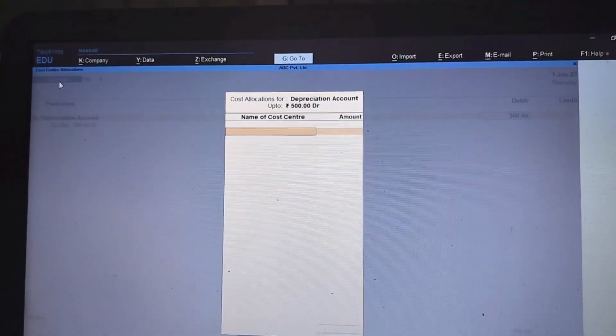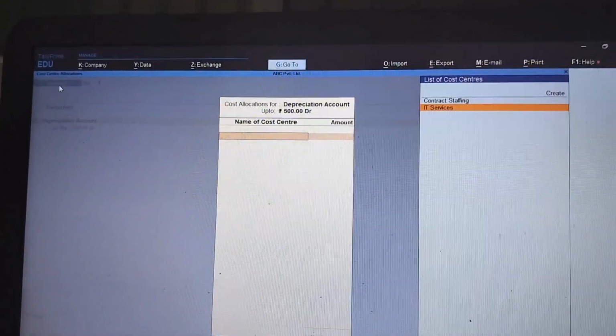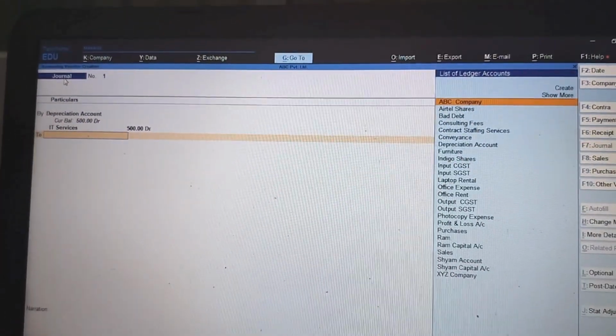and then we have to choose the cost center, like which asset, which machinery, that machinery belongs to which department. I have to select IT.